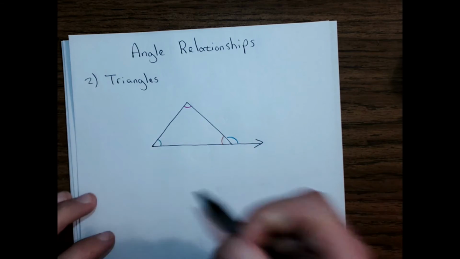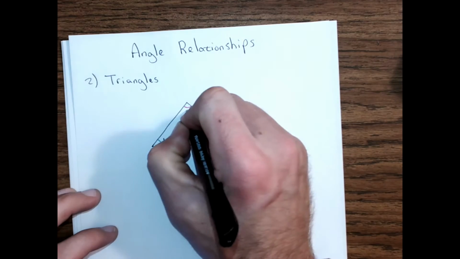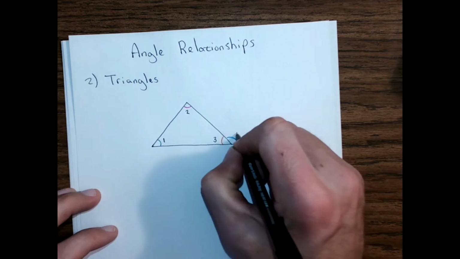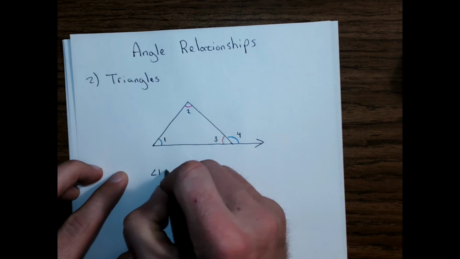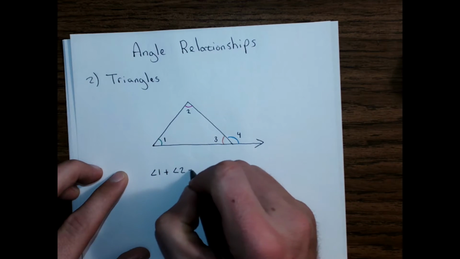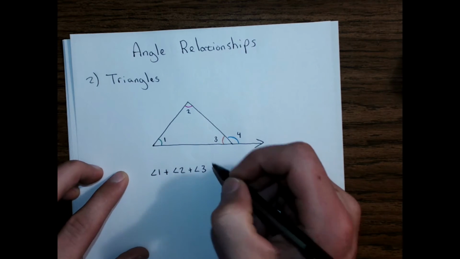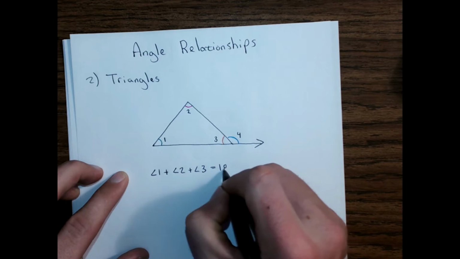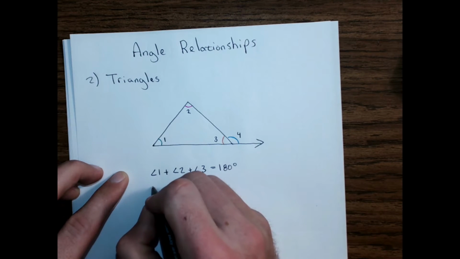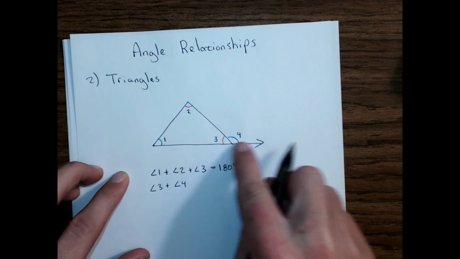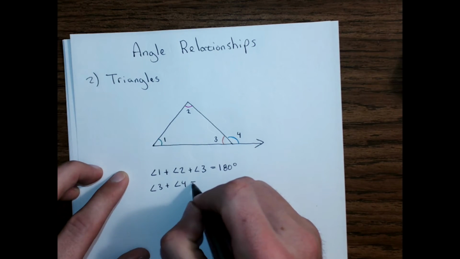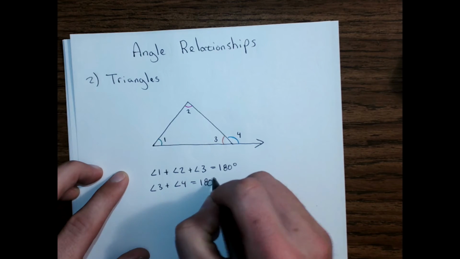So we can use that to discover a very interesting property. Angle 1 plus angle 2 plus angle 3 should equal 180 degrees. Angle 3 plus angle 4, because they make a straight line, should also equal 180 degrees.